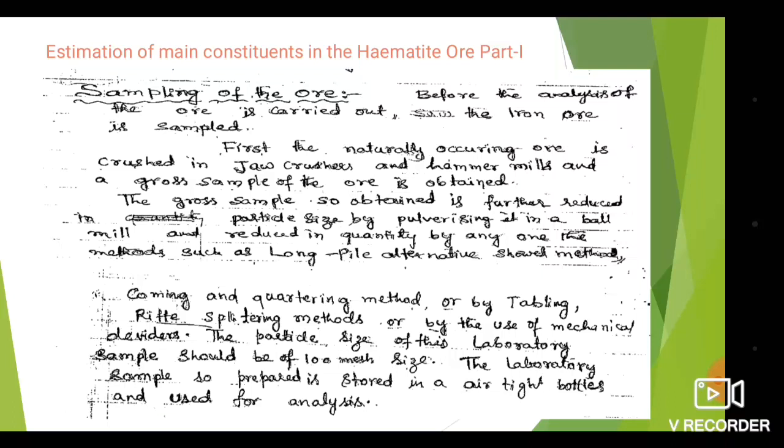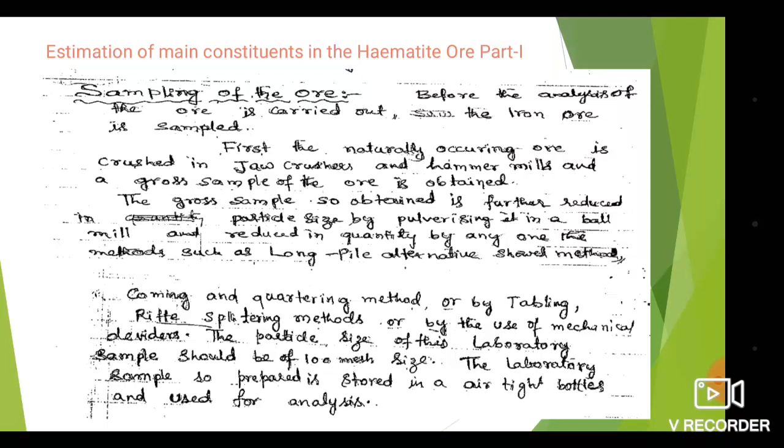By tabling, riffle splitting, or by the use of mechanical dividers, we can sample the ore. The particle size of this laboratory sample should be 100 mesh size, so the particle size is very small. The laboratory sample so prepared is stored in airtight bottles and used for the analysis.